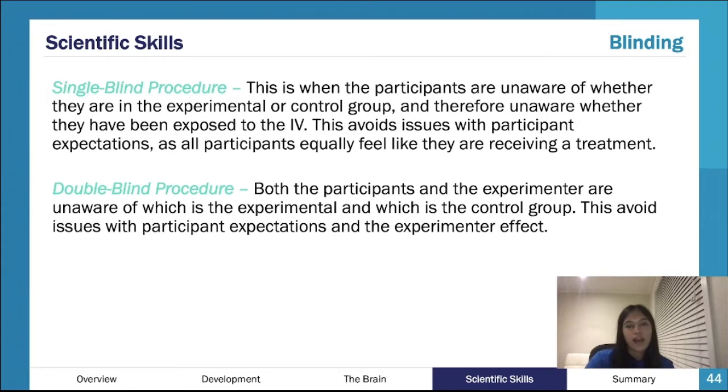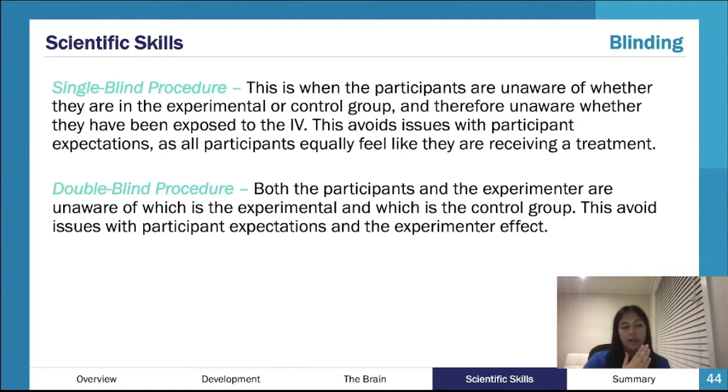So, how much has your headache reduced? I know that I was told I'm taking this miracle drug, so I'm sure it's done really well. I feel better. I feel more energetic, all that kind of stuff. Whereas someone who has not been taking anything, who knows that they're not receiving this miracle drug, they're not expecting any improvement. So they're going to say, I don't have any improvement. So that's the point of a single blind, not telling the participants what group they're in.